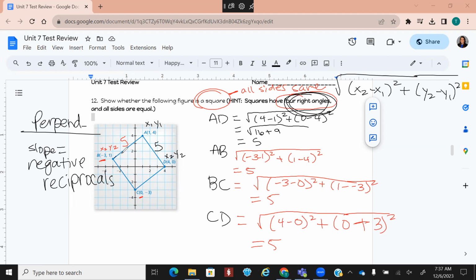So we're going to find the slope of this line and then the slope of this line. Okay, you ready to watch? From here to here, let's find the slope. We count up 1, 2, 3. And we go over 1, 2, 3, 4. This has a slope of 3 over 4. With me so far?